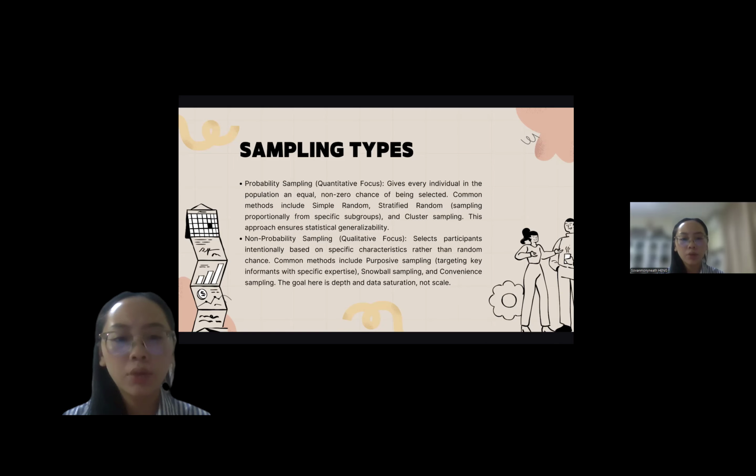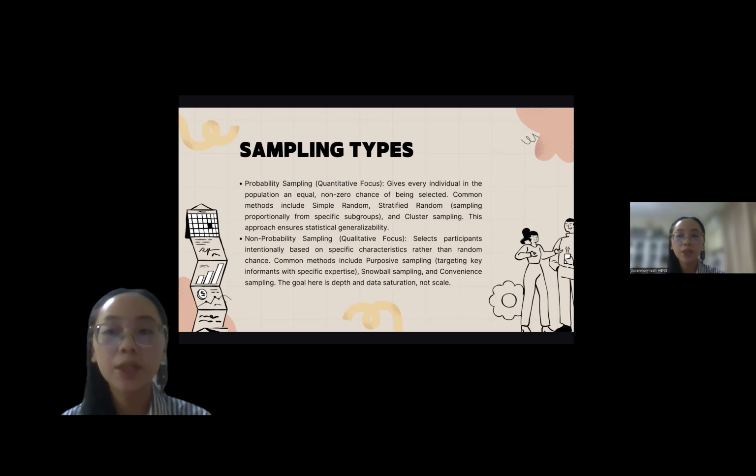The goal of non-probability sampling is depth, not only scale. That is the main difference in sampling. You need to know your vision, objective, and question before you choose your sampling type.